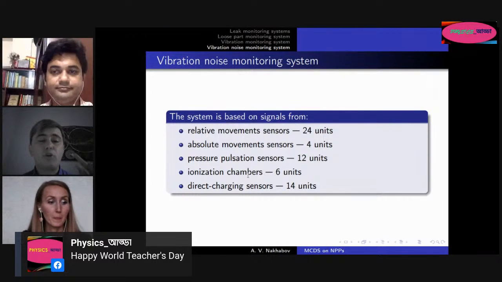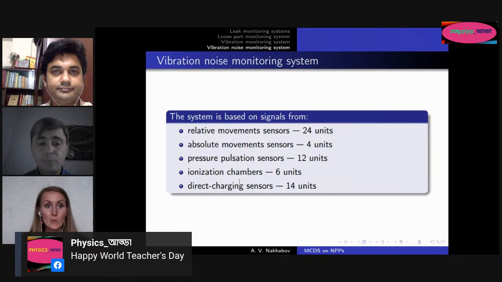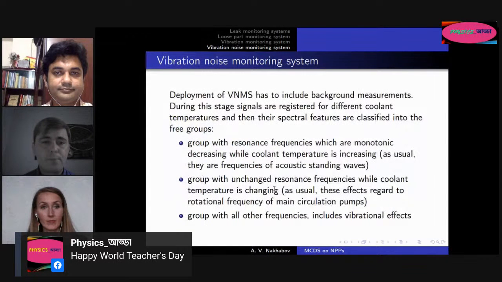So these phenomena are interconnected. The ionization chambers are located around the reactor vessel in the biological protection, and direct charging sensors are located inside the core to measure neutron flux in different points of the core.